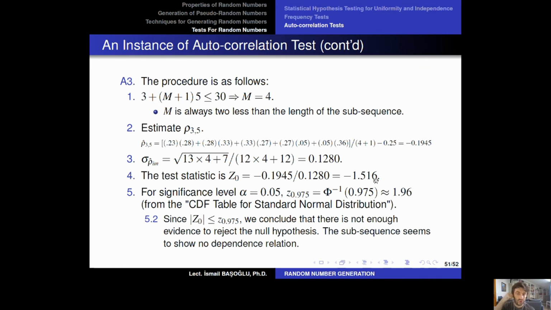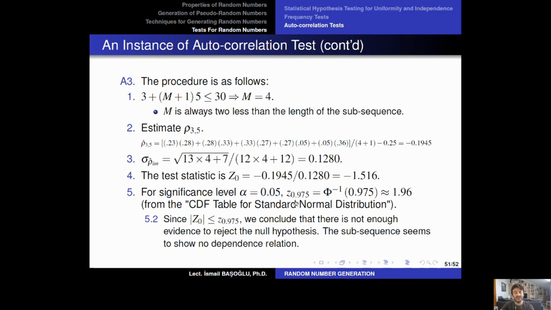Now, what we need to do is check the 97.5% quantile of the standard normal distribution, because our significance level is 0.05, and we need to keep half of this probability on the right-hand side, the other half on the left-hand side of the symmetric distribution.